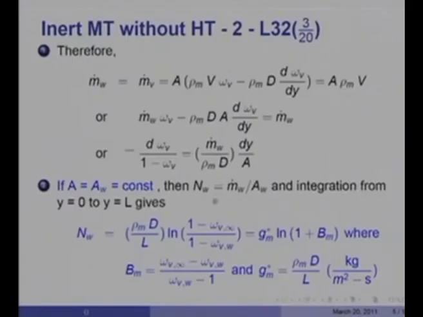simply N w, which is equal to m dot w by A w, and integration would give me rho m d by L ln of 1 minus omega v infinity over 1 minus omega v w equal to g star m into ln 1 plus B m.